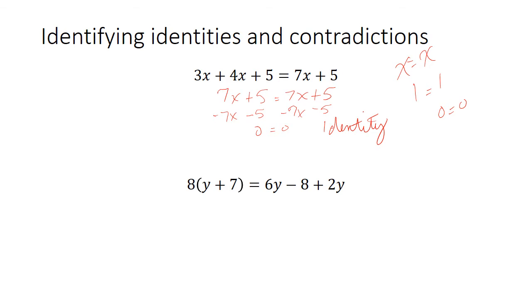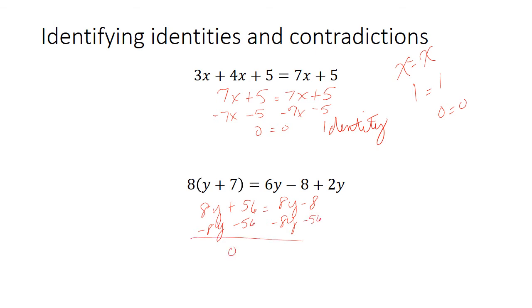I'm going to go ahead and distribute my 8y across. So I'll have 8y plus 56. Combine these two, I'll have an 8y minus 8. So I'm going to move my 8y over, subtract 8y, subtract 56.